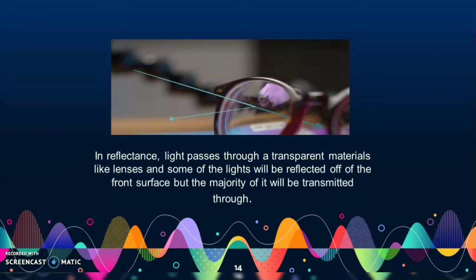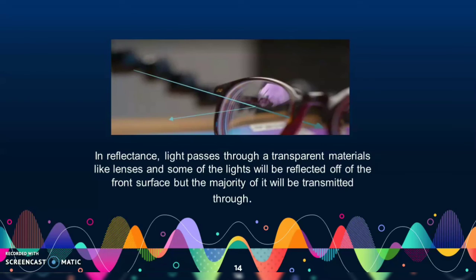In reflectance, light passes through a transparent material like the lenses, and some of the light will be reflected off of the front surface of the lens, but the majority of it will be transmitted through. But through AR coating, some light can be manipulated to reflect back.